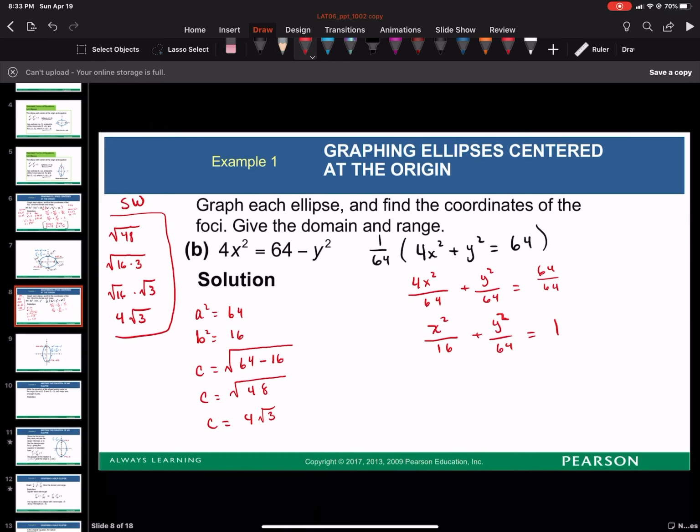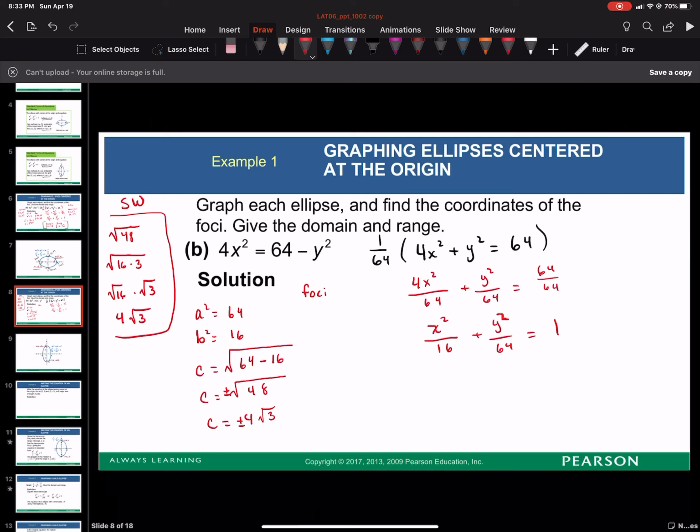All right. Now, since we know that it is vertical, I'm going to go ahead and do my foci points. Now, remember this is plus or minus. The foci points follow where the vertices are going to be.